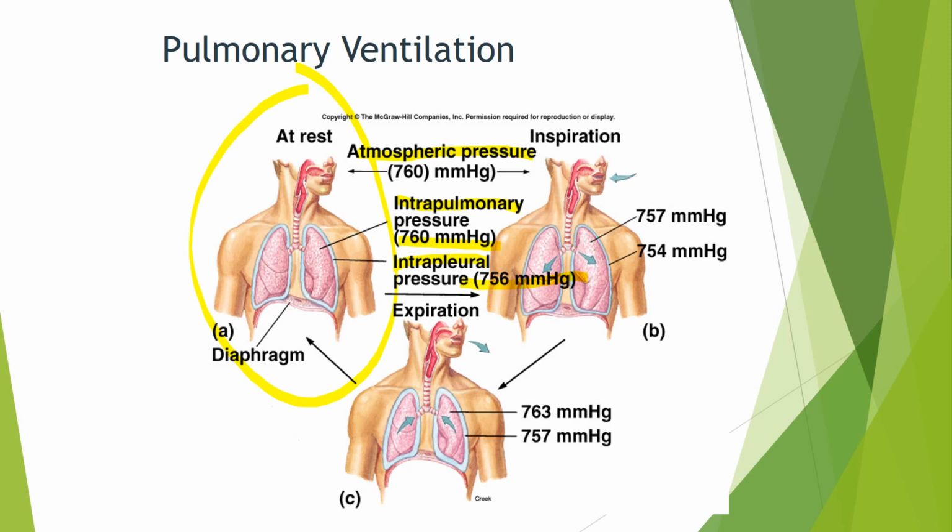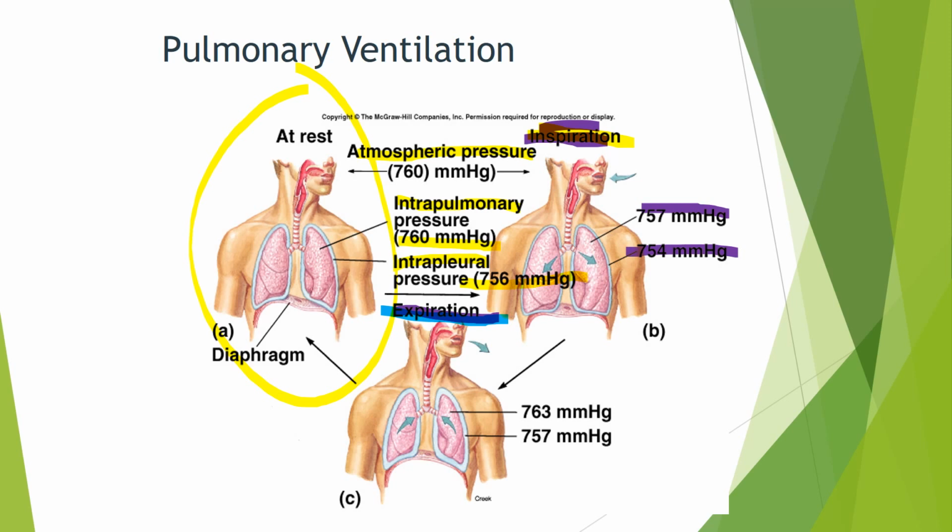All right, so then when we have inspiration here, what will happen is that we will have an intrapulmonary pressure of 757 millimeters of mercury, and then intrapleural pressure of 754. Then with expiration, what happens is that we have now a change again.